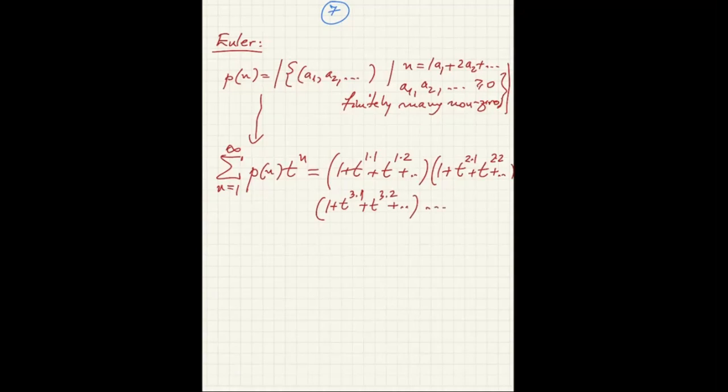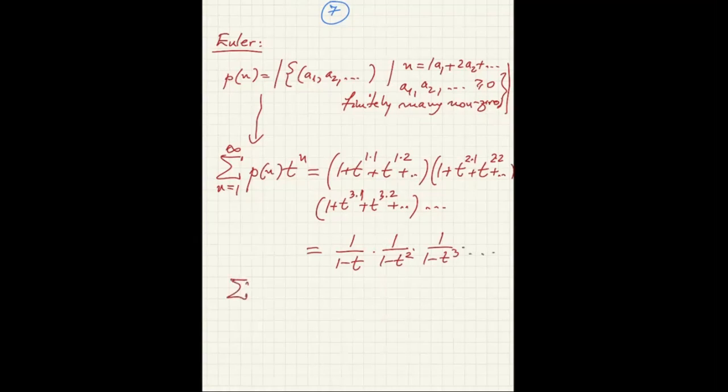So Pn is the coefficient of t to the n in this infinite product, but this infinite product can be rewritten as follows. Each of these factors is a geometric power series. The first one is 1 over 1 minus t, the second is 1 over 1 minus t squared, the third is 1 over 1 minus t cubed, and so on.